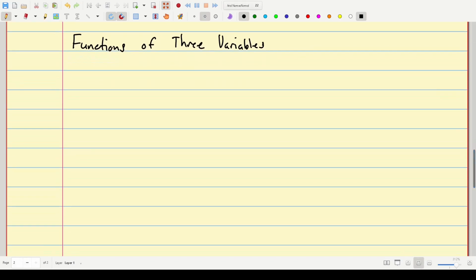Now, for functions of 3 variables, there aren't a lot of material things that change from what we were talking about before and what we're talking about now. I'm going to have the same kind of thing set up. We'll write that for now.